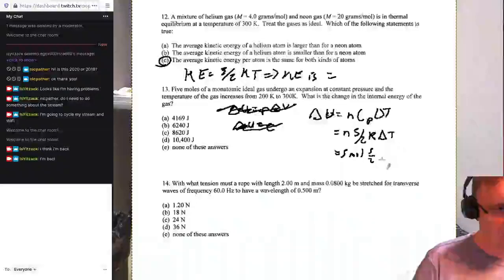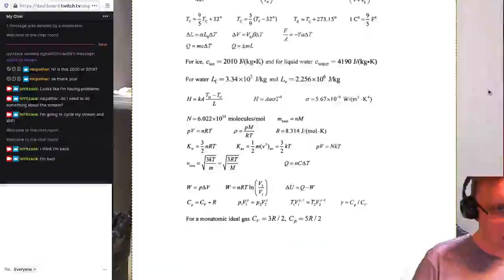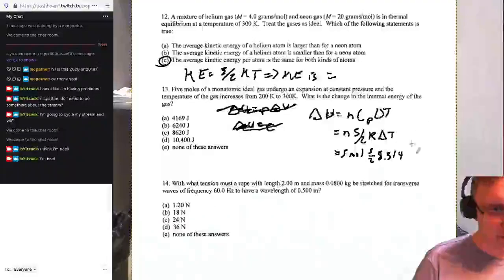8314 joules per mole Kelvin. Delta T is 100.